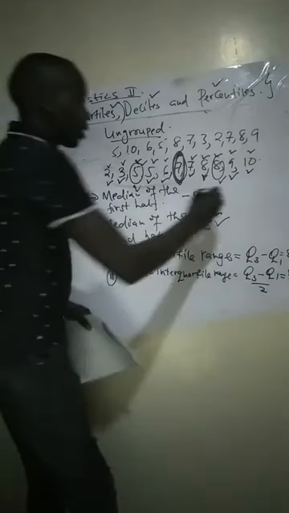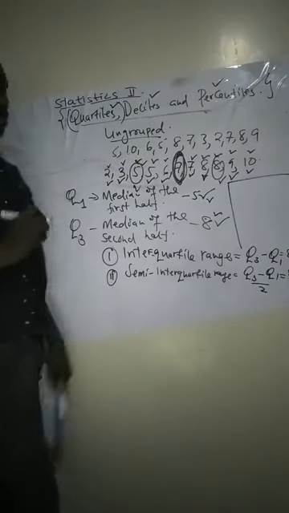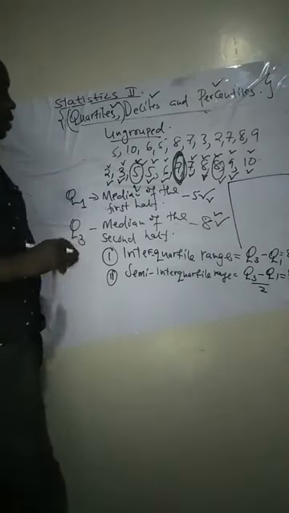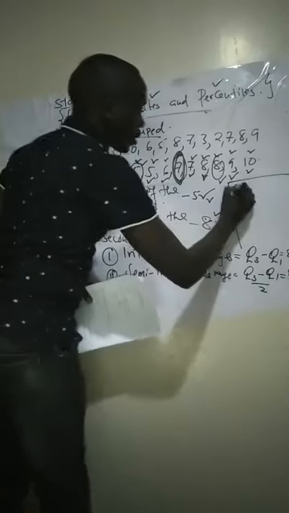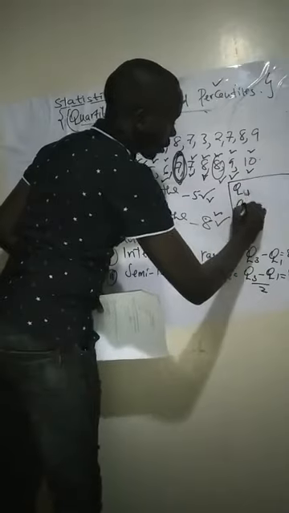Look, in grouped data, in the previous example that we did, make sure you're not lost. In the previous example, you can play back and see what we got, but these were my answers, Q1 and Q3.